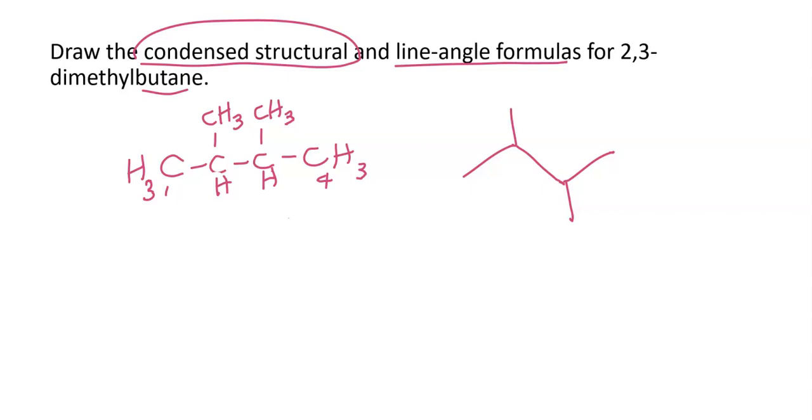Now you can count 1, 2, 3, 4. There are 4 carbon atoms in the main chain and methyl groups at the 2 corners. So this is the answer for the condensed structural and line angle formulas for 2,3-dimethylbutane.